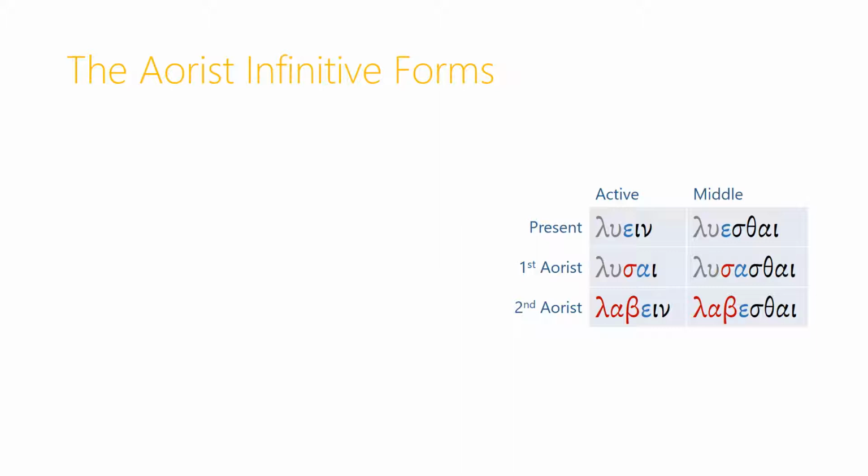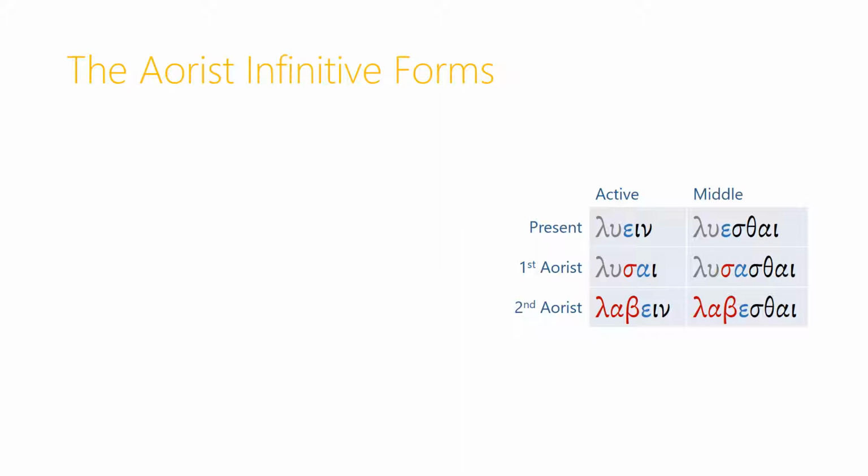And the first aorist middle infinitive of luo would be lusasthai. There, you notice we essentially have used the same ending as in the present tense, but just changed the connecting vowel from the epsilon, typical of the present, to the alpha, typical of the first aorist.